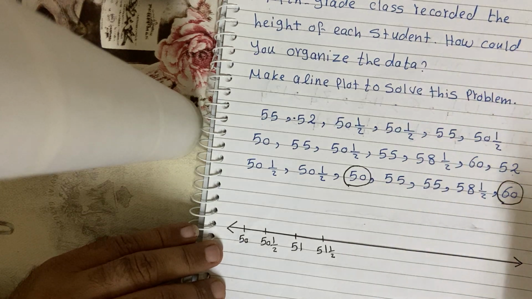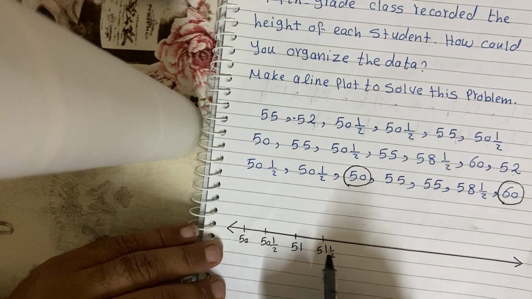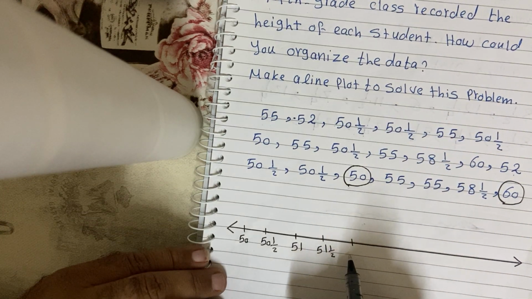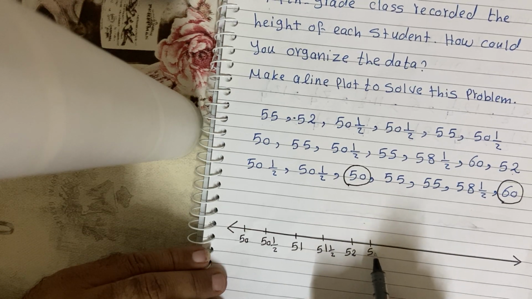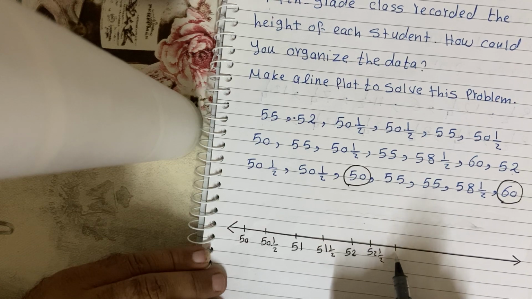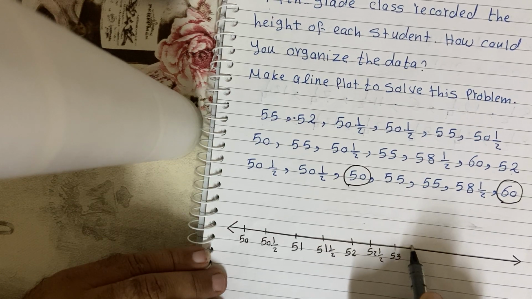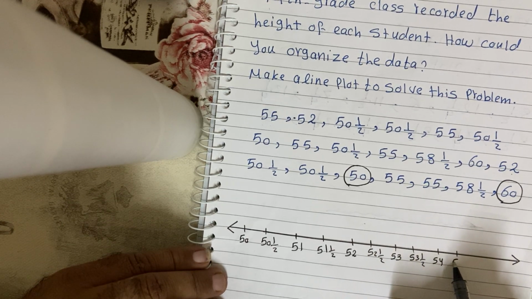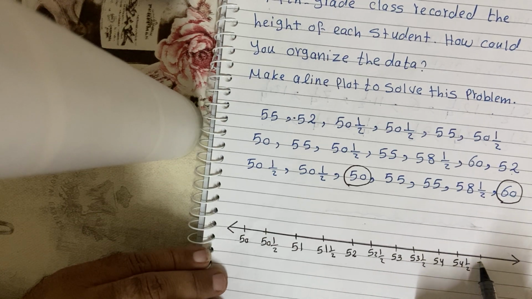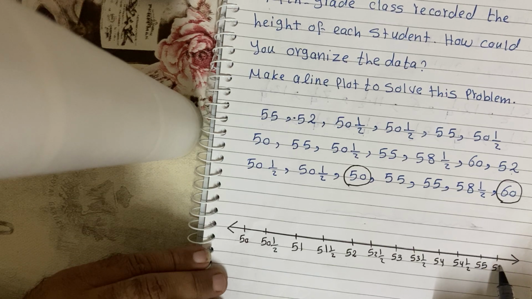Each time we are going to add half. 51 and a half, 52, 52 and a half, 53, 53 and a half, 54, 54 and a half, 55, 55 and a half.